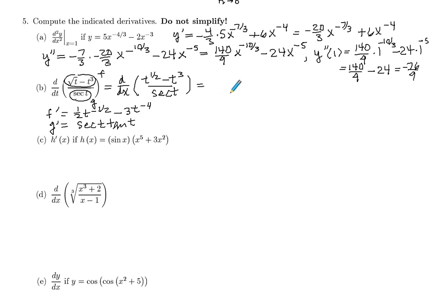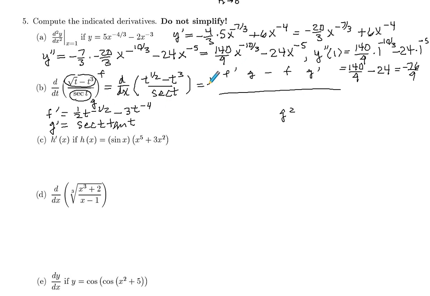And then what do we want to do here? Well, we want our f prime g minus f g prime all over g squared. So f prime is right here.